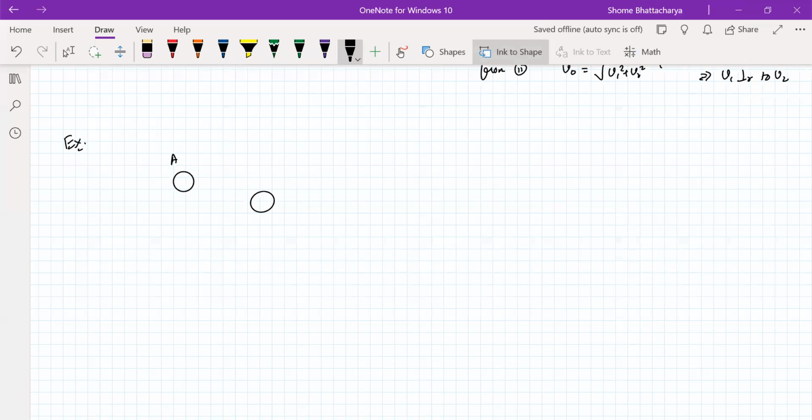A and B have identical masses, and the collision is perfectly elastic.